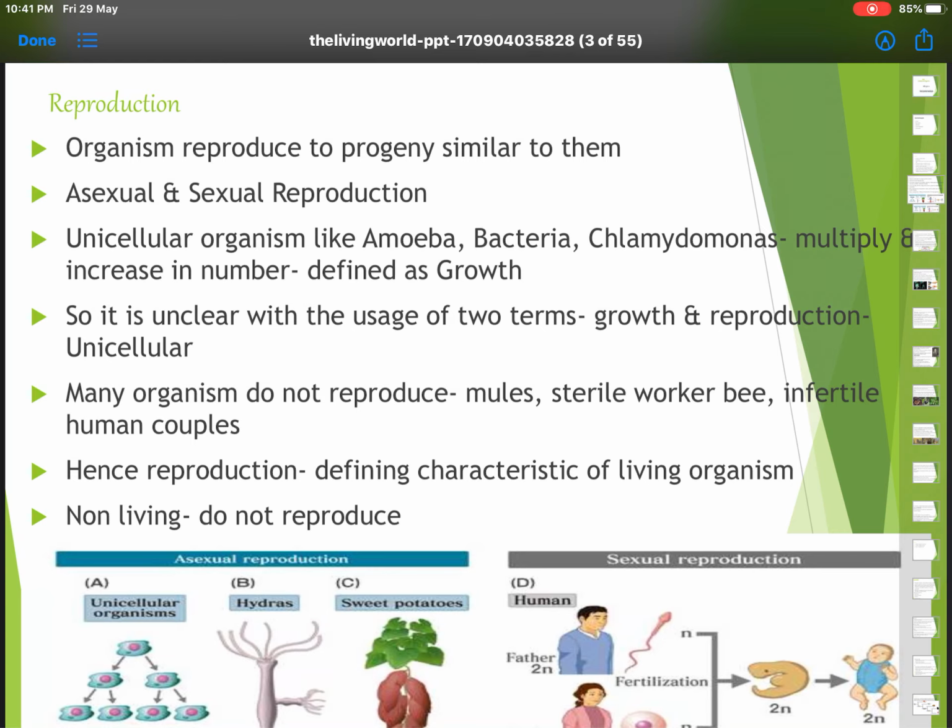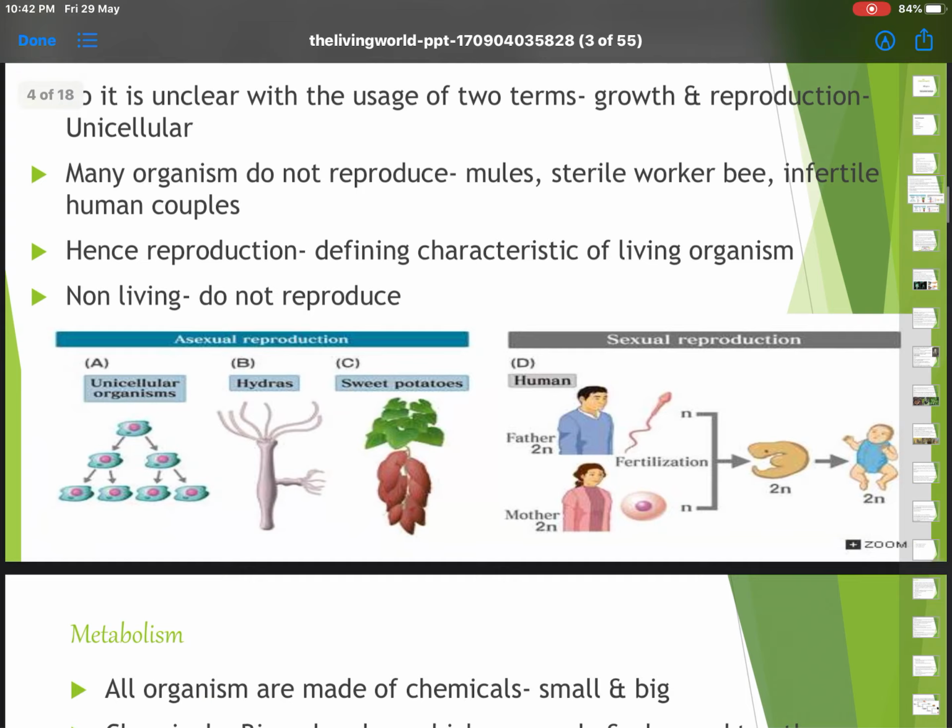Many organisms, for example, do not reproduce, like mules, sterile worker bees, infertile human couples. The reasons vary. We will discuss them in next sessions. Hence, reproduction is a definite characteristic of a living organism, whereas non-living things like your chalk, your blackboard, your desk, your shirt, they unfortunately don't reproduce.